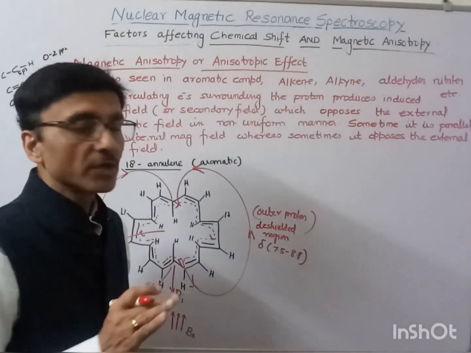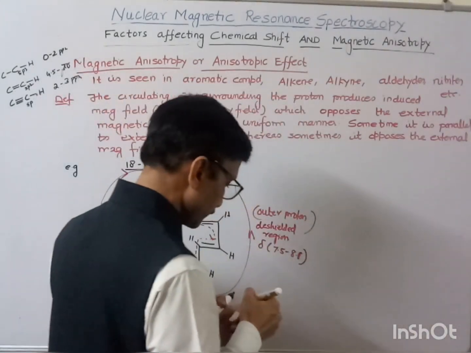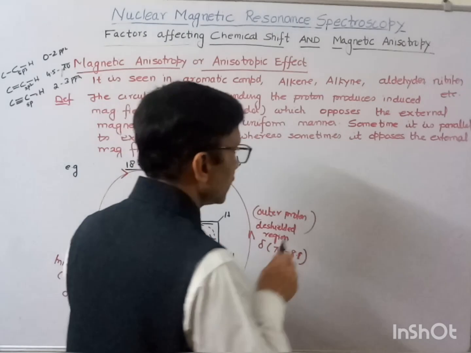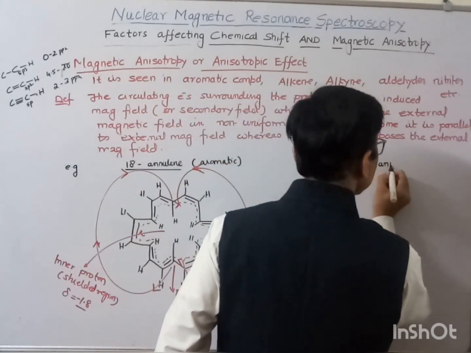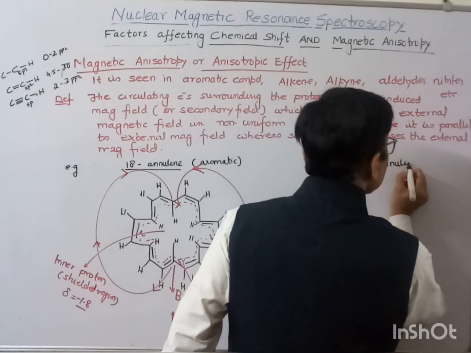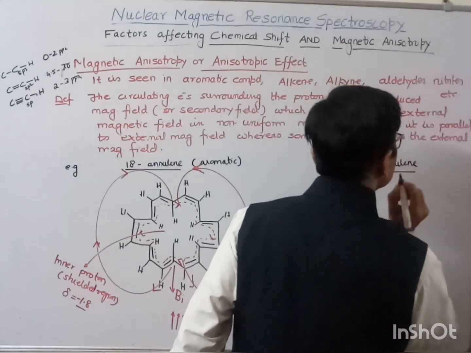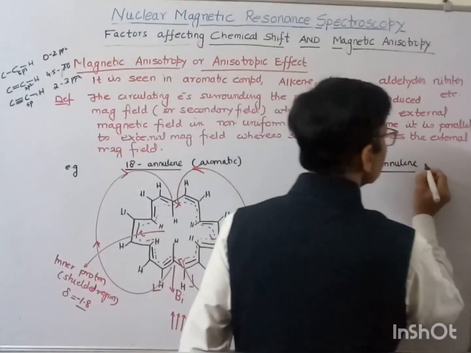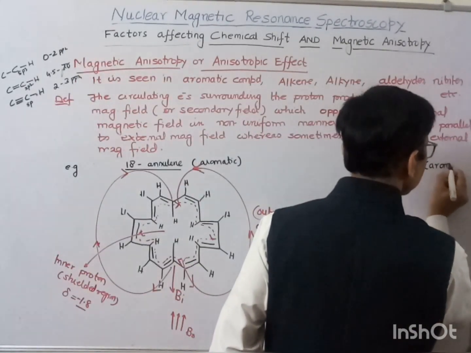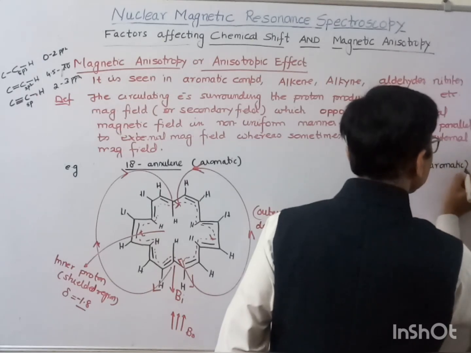Now, if you see the 14 annulene system, suppose I draw this 14 annulene system, this is also a complete aromatic system.